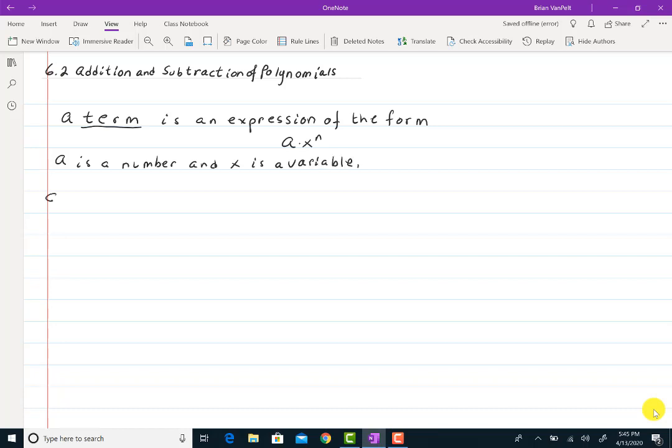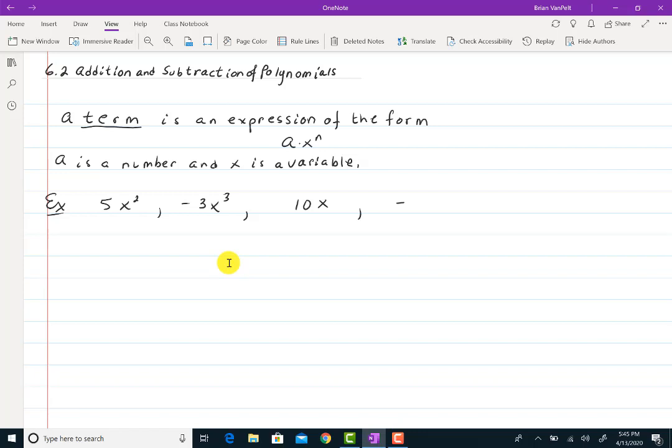Just as an example of things like this, we're going to have 5x squared. That's considered a term. Negative 3x cubed. You can see that each of these has a number times x to a power. 10x, that's a term.